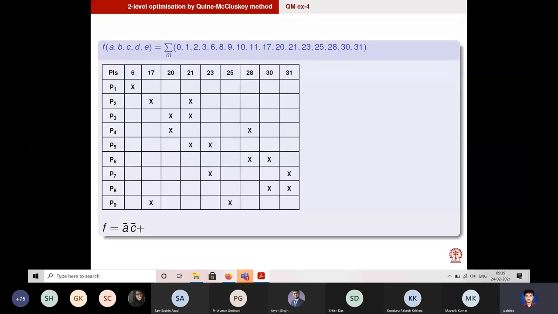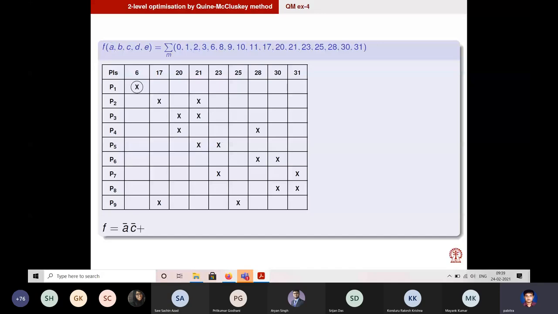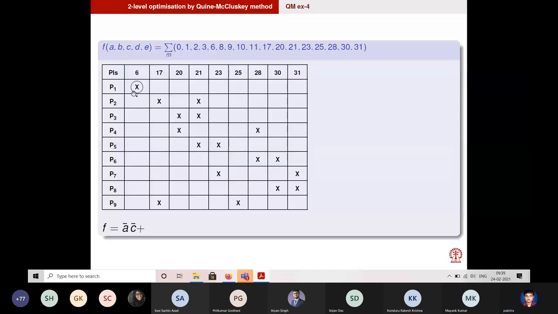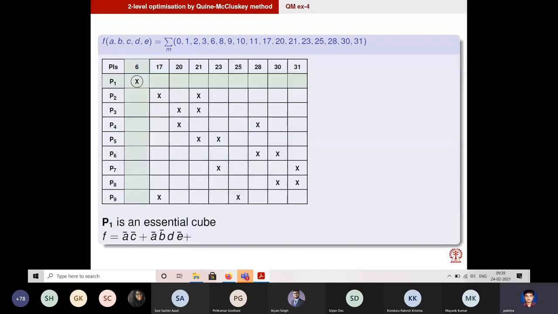Okay. So this is the reduced chart I have. Now you see in this reduced chart, 6 is an essential column. So P1 is an essential prime implicant. So P1 should always be there. P1 is A bar, B bar, D, E bar. And if P1 is there, I can drop this column because I've already covered it.